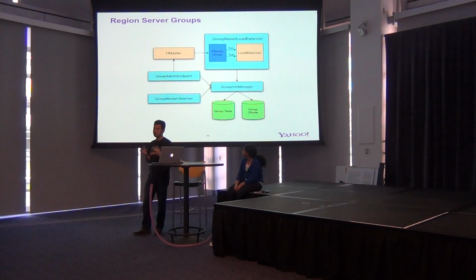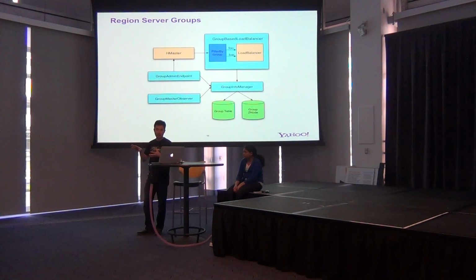So here's a high-level component diagram of the region server group module. All of this is designed in the HBase master, and the blue boxes are the ones we implemented. Essentially, we've written a custom balancer. The balancer is what the master talks to when it's placing regions. It will say, these are the regions, these are the servers, give me an assignment.